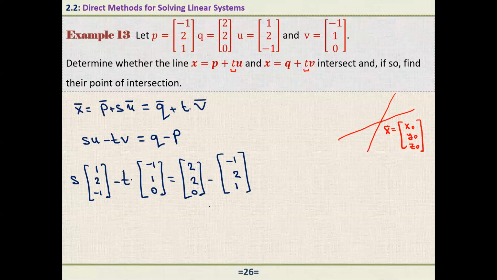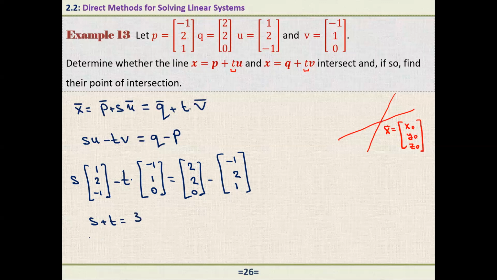So now if you simplify this further, what we have to solve here is, as you see, s times 1 is s, minus t times minus 1 is plus t. So s plus t equals 2 minus minus 1, that's equal to 3.